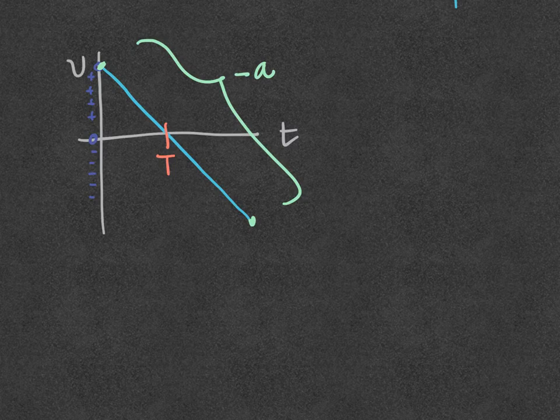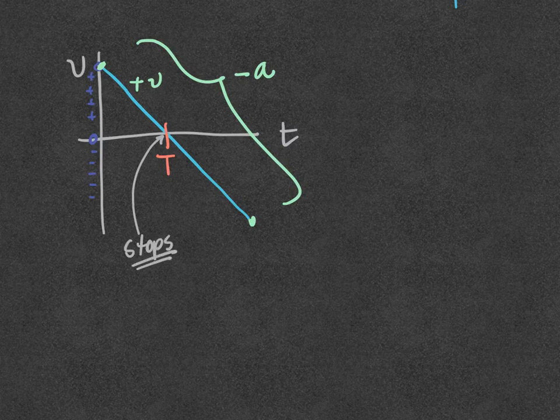So the velocities all up here are positive velocities. Those positive velocities are decreasing until they reach zero, where the object stops. And that's a really big deal. So the object stops at that point right there because the velocity is zero there.